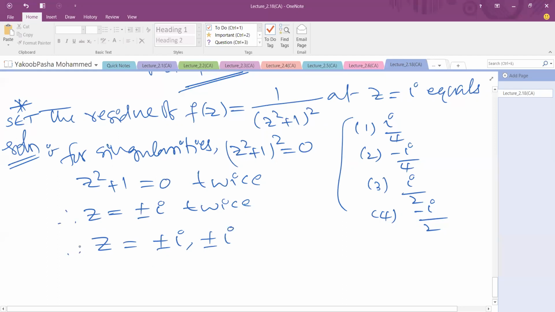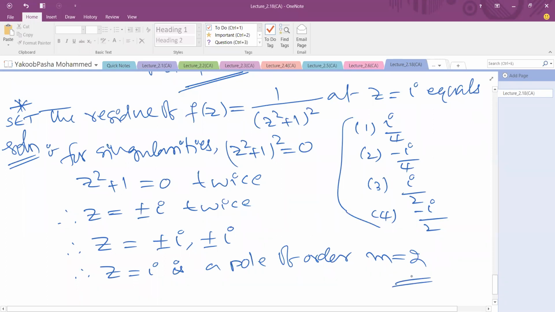So we have to calculate the residue at z is equal to i. So z equal to i is a pole of order m is equal to 2. Okay. So at this point we have to calculate the residue.